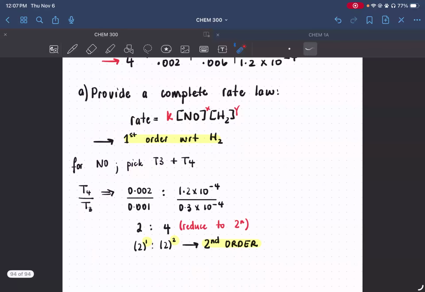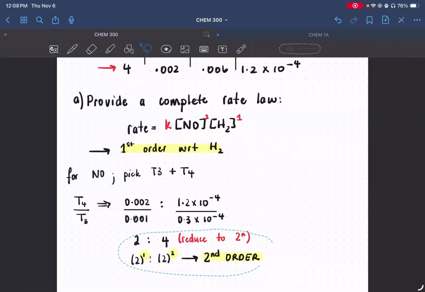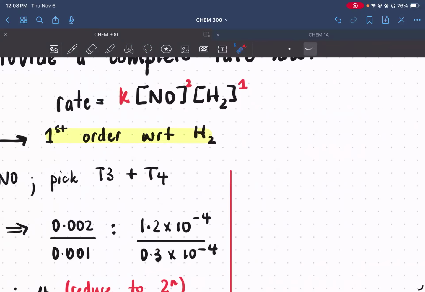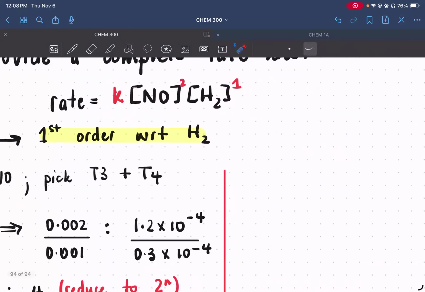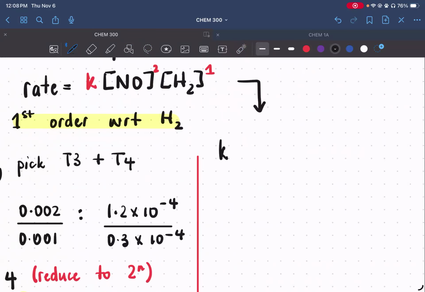We're not done yet, of course, although we have calculated the X and Y values. We can plug them in. For NO, it's squared. For H2, it's to the 1, so we can just write it as is. Now all that's left is that we need to calculate the rate constant K. The rate constant K is equal to the rate divided by the concentration of NO squared multiplied by the concentration of H2.